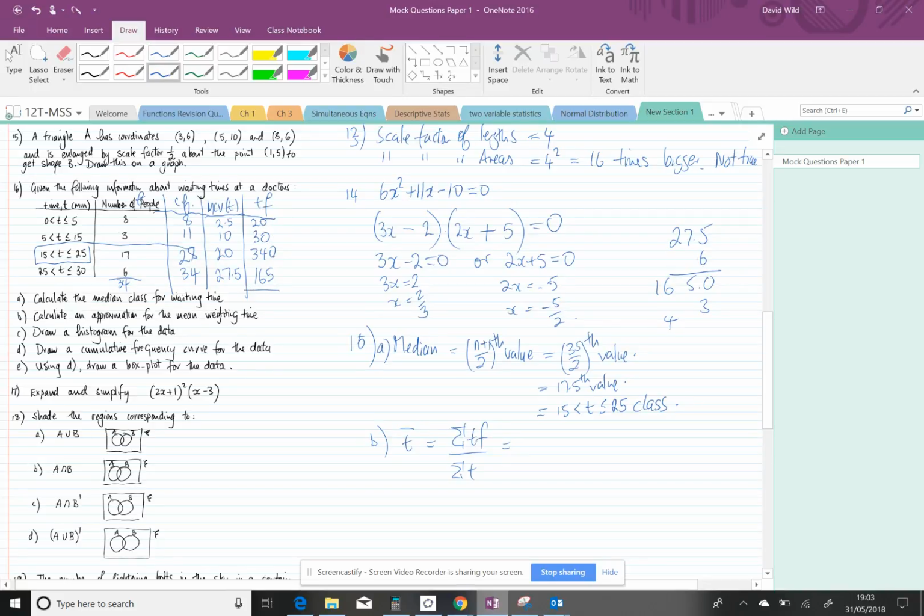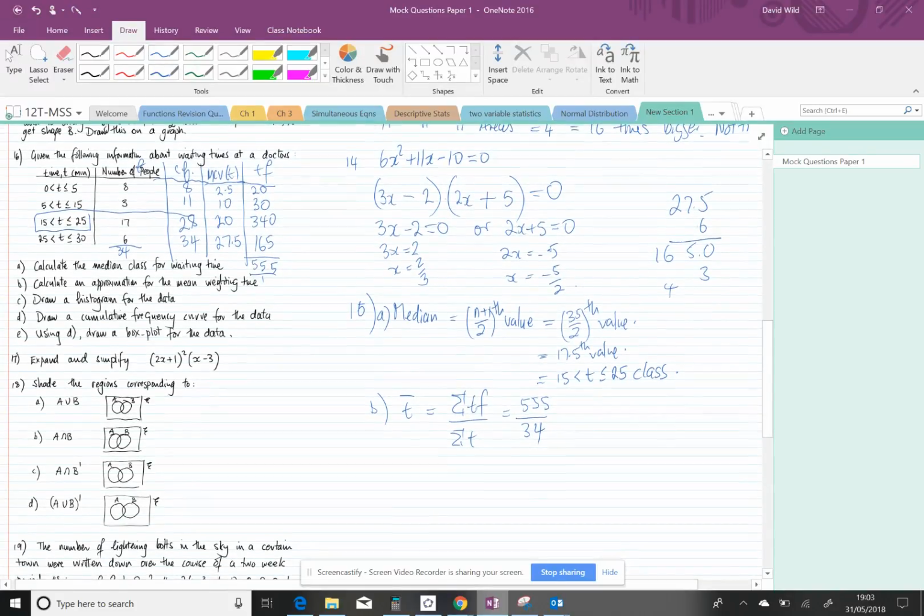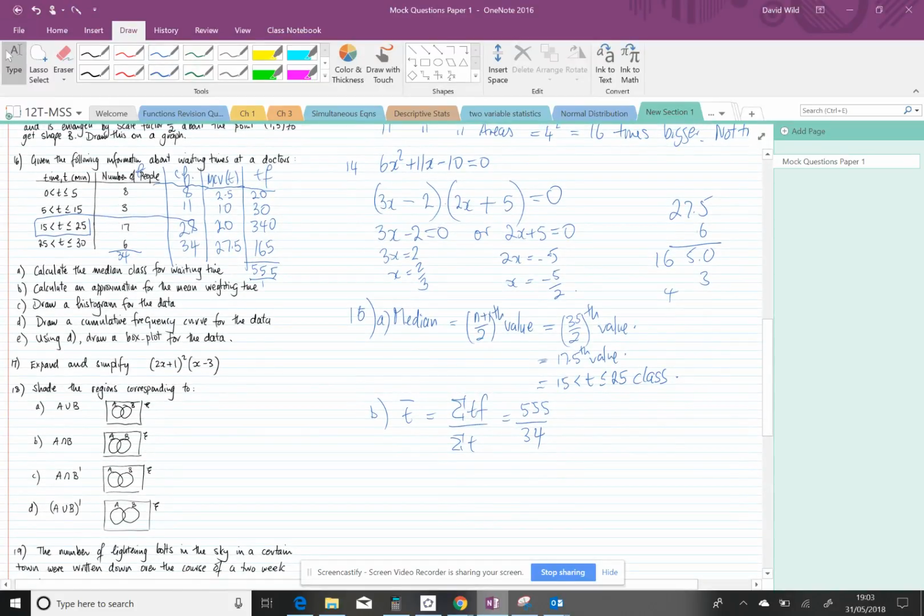What we've got here, 5, 2, 5, 9, 9 and 6 is 15, 5 carry 1, 3, 4, 5. 555 divided by the sum of the frequencies, which is 34. Whatever that value is. Typically, this question is probably more likely to be a calculator paper, but never mind, you get the idea.